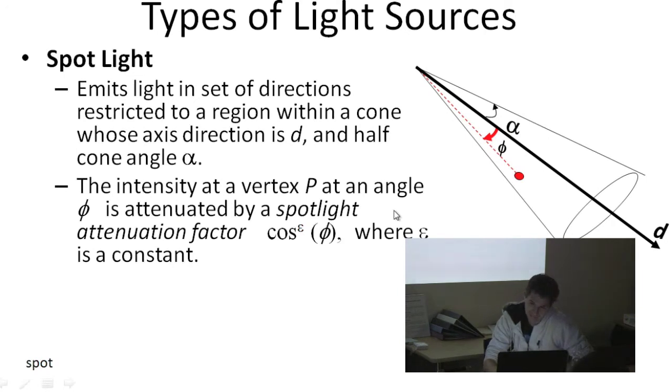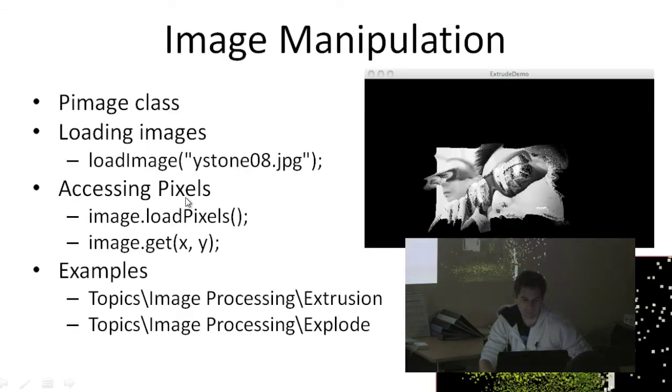And then the intensity at vertex P, which would be this one here, at an angle of theta is attenuated by spotlight attenuation factor cos epsilon of theta, where epsilon is a constant. So don't have to worry about that, but essentially what that means is as objects move away from the center of it, they become dimmer and dimmer, and there is a mathematical equation for how that works.